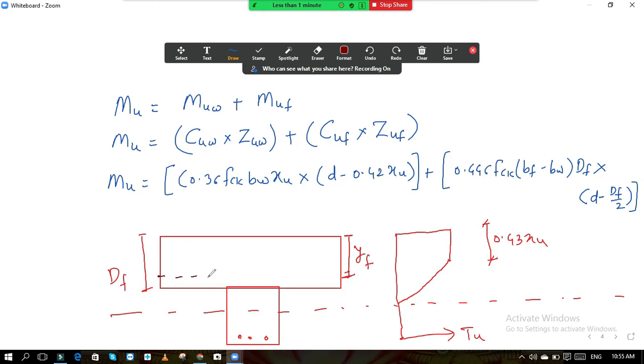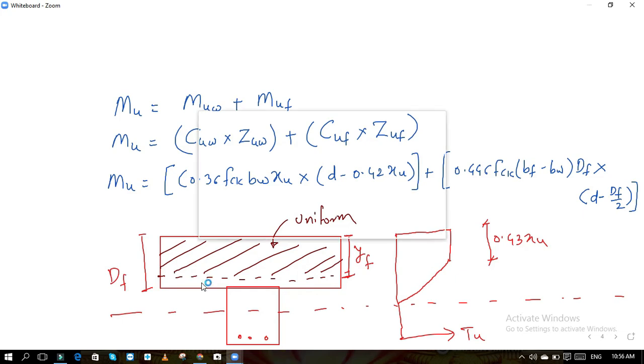Up to this depth yf, the stresses in this flange are uniform, and the very small area that remains after yf to complete Df, we neglect. Remember this: this theory depends on the linear stress theory, where you can always establish the relation between stress and strain.